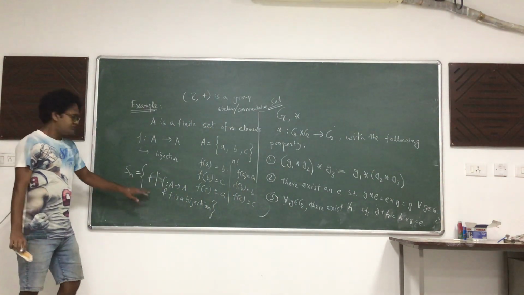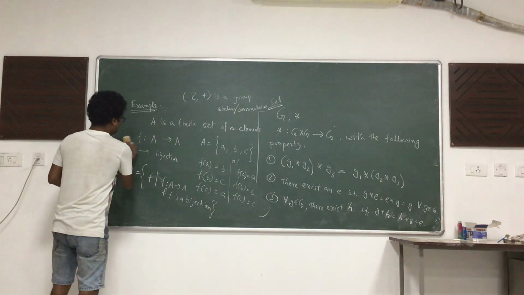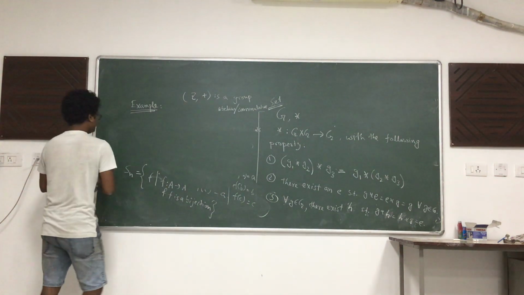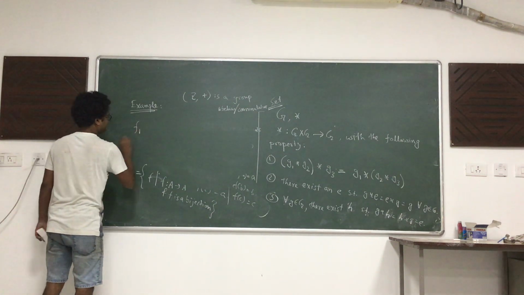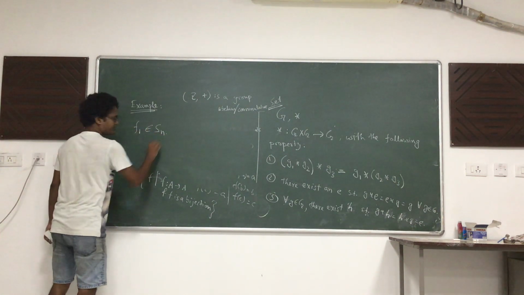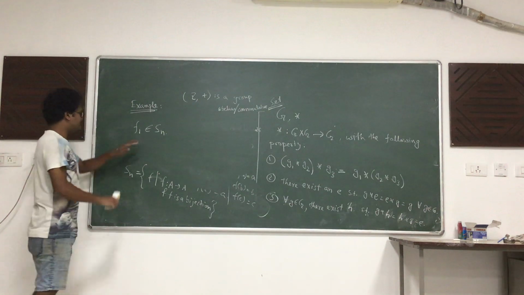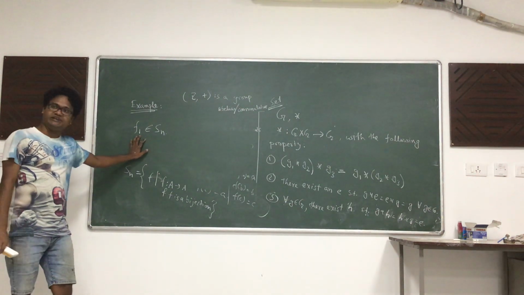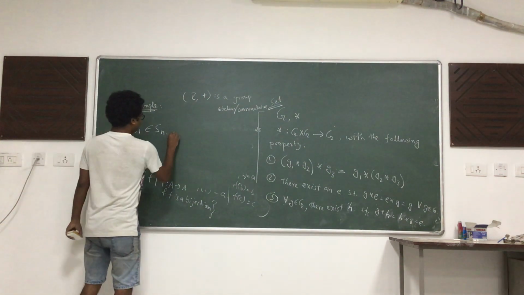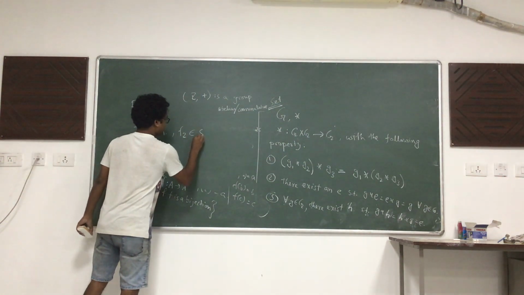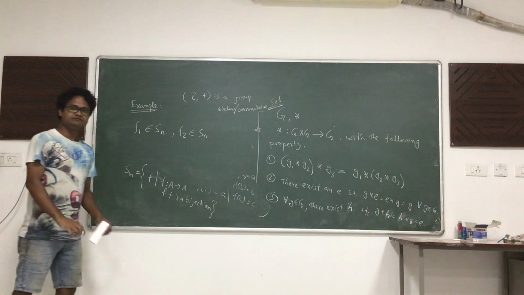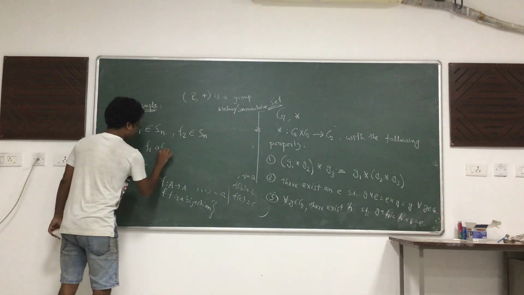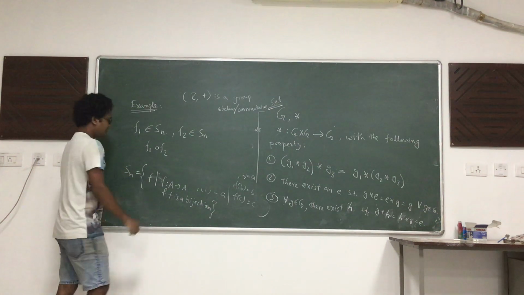This is fine. So let us say F1 is from Sn. What is this? This is a bijection from A to A. And let us say F2 is another bijection. Can we say that F1 compose F2 is a bijection?